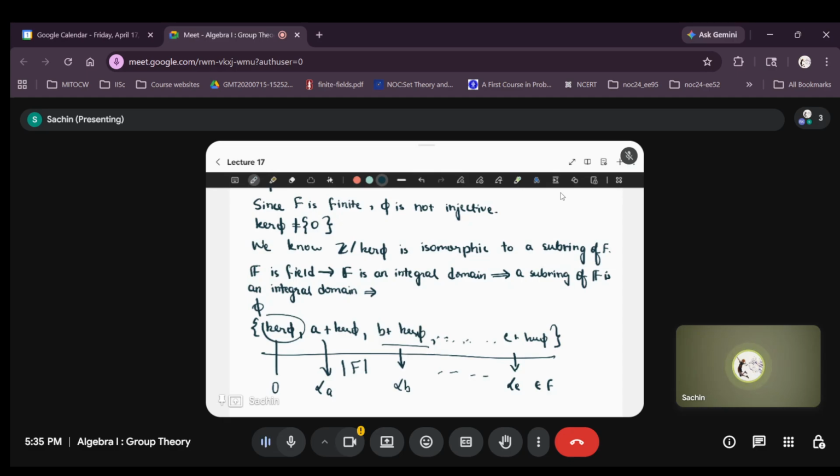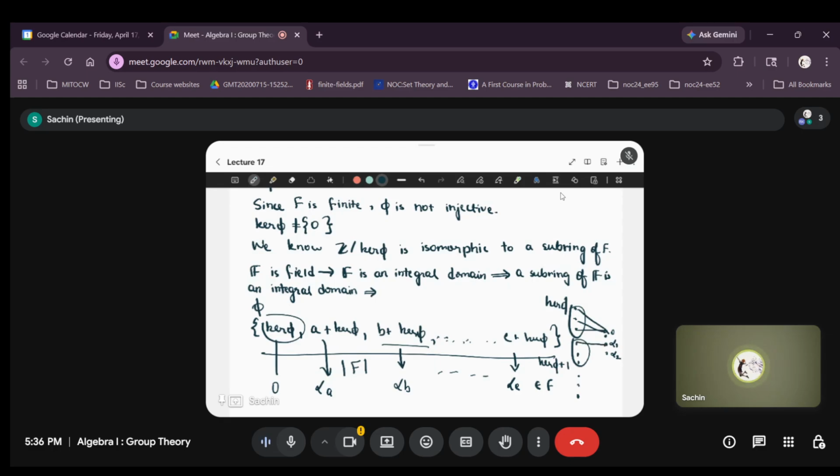So in that sense, if you have this domain here and the field, let's say it has three elements, 0, alpha 1, alpha 2, then you can split this. This will be kernel phi. All these elements go to 0. Then this will be kernel phi plus 1, let's say.